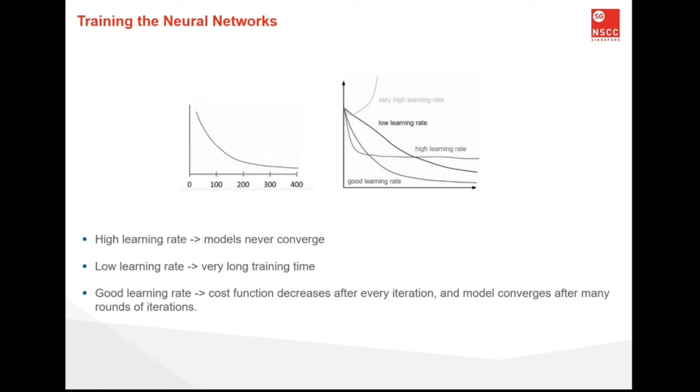A good way to make sure gradient descent runs properly is by plotting the cost function as the optimization runs. Put the number of iterations on the x-axis and the value of the cost function on the y-axis.